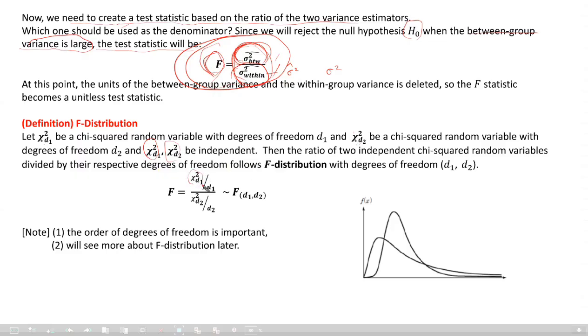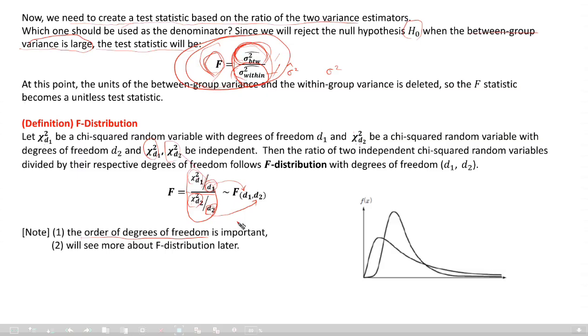So one chi-square variable divided by its degrees of freedom, and another chi-square variable divided by its degrees of freedom. The ratio of these two independent chi-square variables follows the F distribution with degrees of freedom D1, D2. The order of the degrees of freedom is important. You should not change it to D2, D1. The numerator degrees of freedom come first, and the denominator degrees of freedom second.